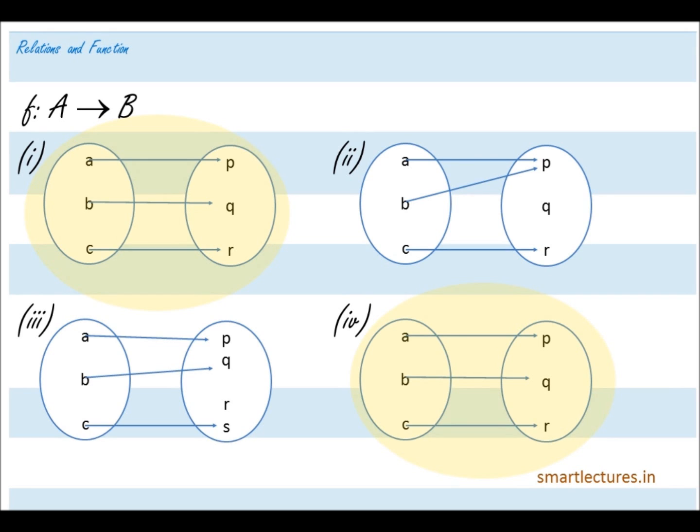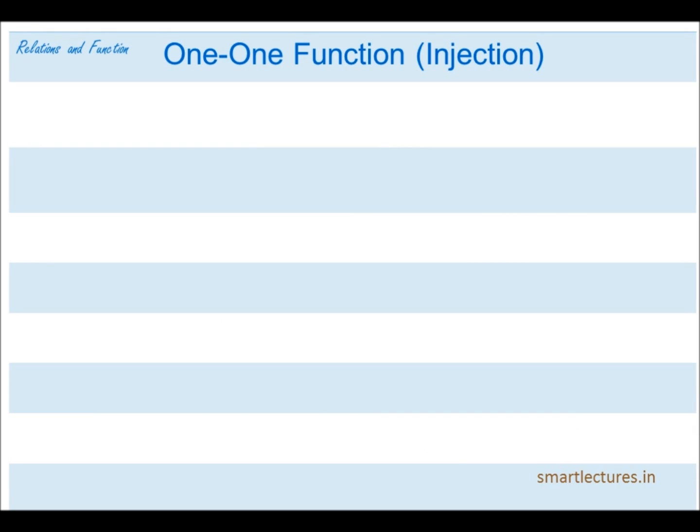So the first type of function which we are going to study is called an injection or one-to-one function.